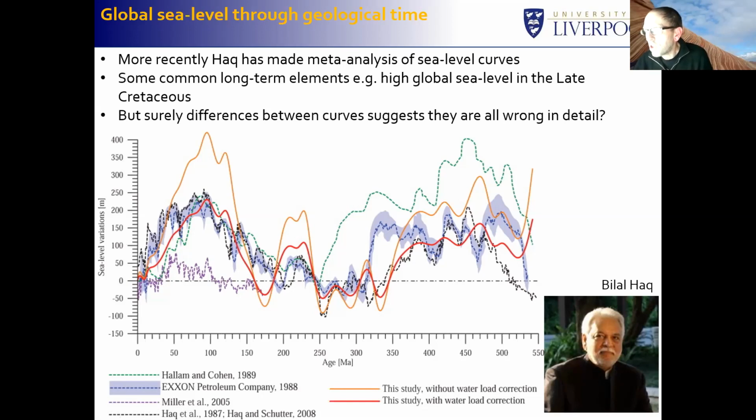That is not, to me, a consensus about what the geological history of sea level variation is over the last 500 million years in this case. Some people are saying it was 400 meters higher in the late Cretaceous. Other people are saying it was 50 meters higher. There's a lot of difference in there, okay?